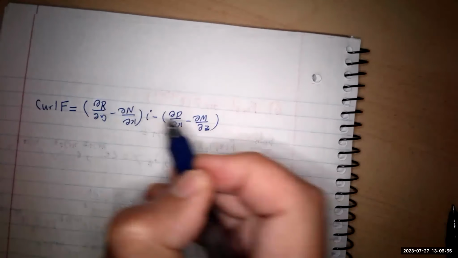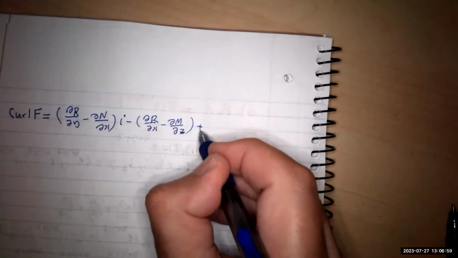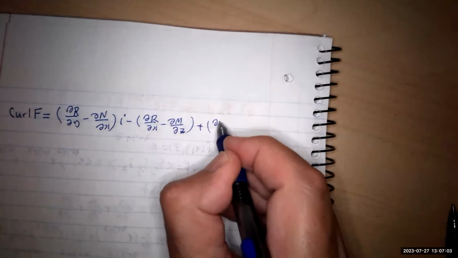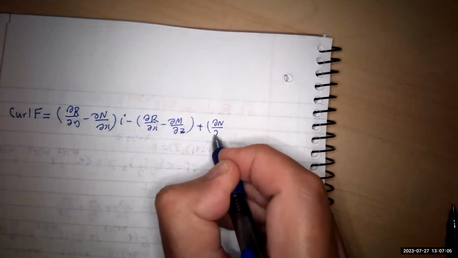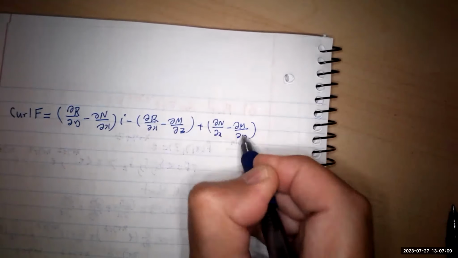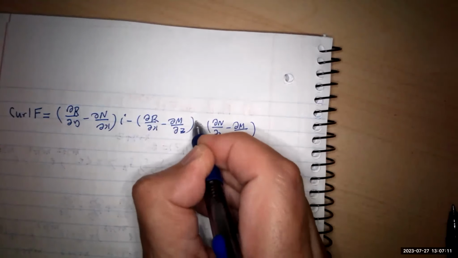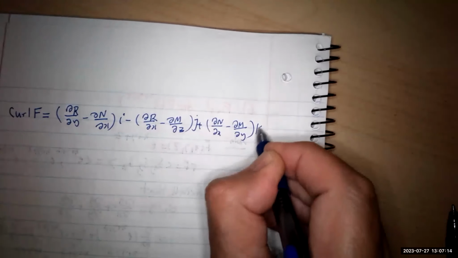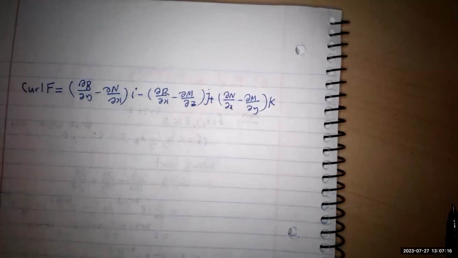I used R here, it doesn't matter. Then I compare the other two, M and N: ∂N/∂x minus ∂M/∂y. That's the j, and this is the k.